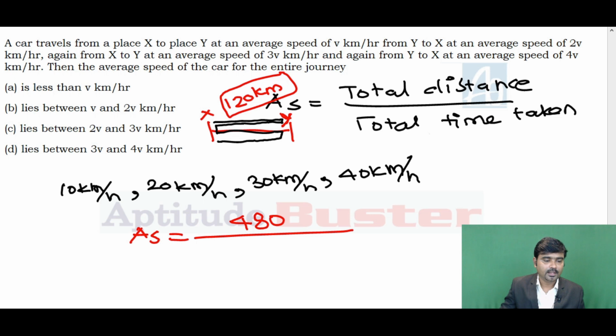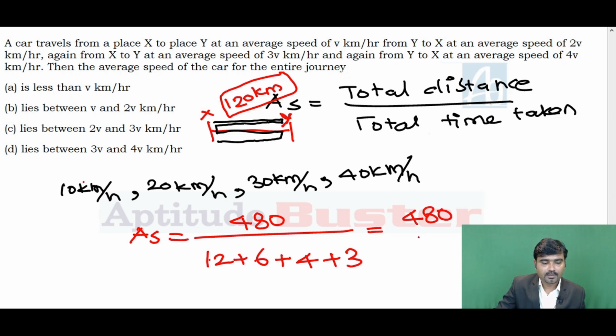Total time taken: 120 divided by 10, the first time 12 hours. Next 120 divided by 20, second time 6 hours. 120 divided by 30, 4 hours. Next 120 divided by 40, 3 hours. Then 480 divided by 12 plus 6 plus 4 plus 3, that is 25.